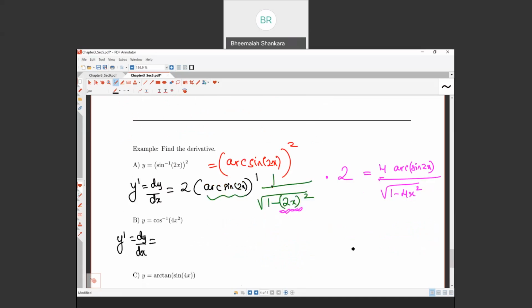So I'm going to write this as negative 1 over square root 1 minus, in the place of x you have a 4x squared, so write whatever is the angle and then square it. But you have to differentiate this 4x squared again, chain rule, which is 8x. And this is equal to negative 8x divided by the square root of 1 minus 4x squared, the square function.